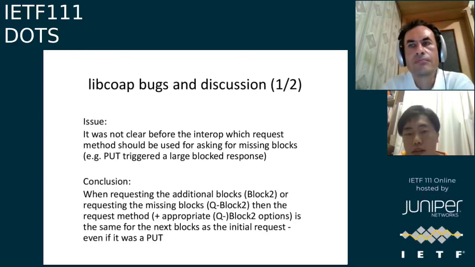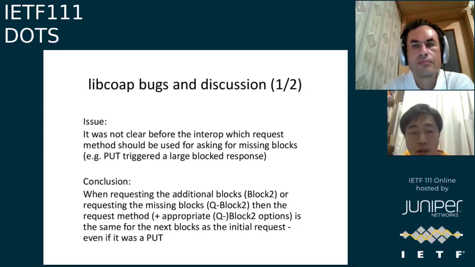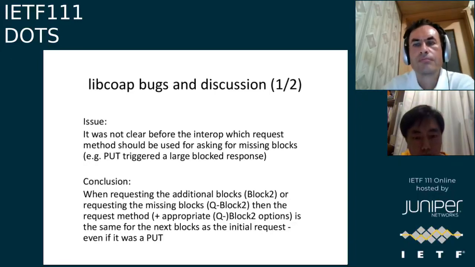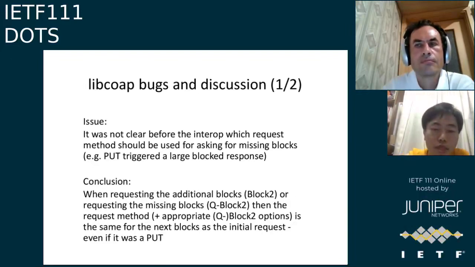John and I reached the conclusion that when requesting the additional blocks, Block2, or requesting the missing blocks, Q-Block2, the request method is the same for the next blocks as the initial request, even if it was a PUT. So this is not only for Q-Block, but also applicable to existing Block. It is to indicate that the resource is the same to the server. Okay, next slide, please.